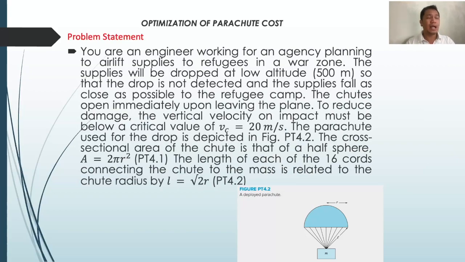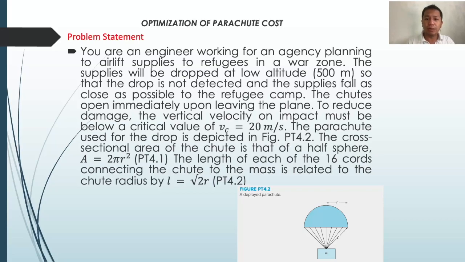Optimization for a parachute. So here is the problem statement. This is a sample problem. You are an engineer working for an agency planning to airlift supplies to refugees in a war zone.